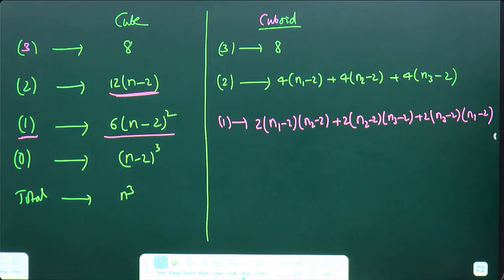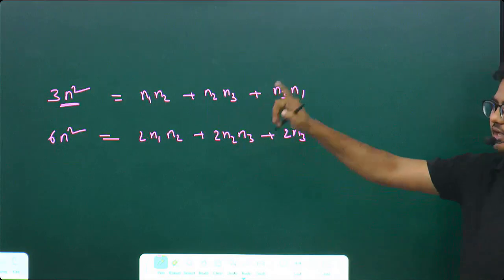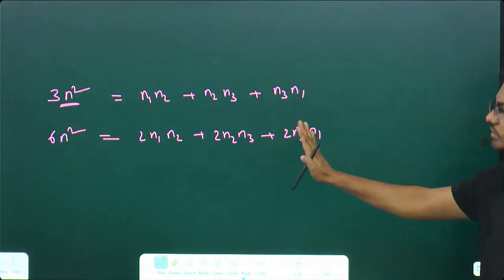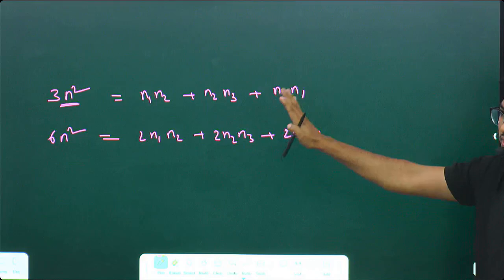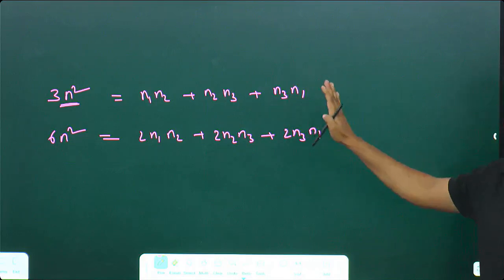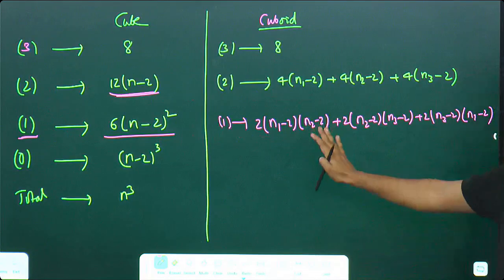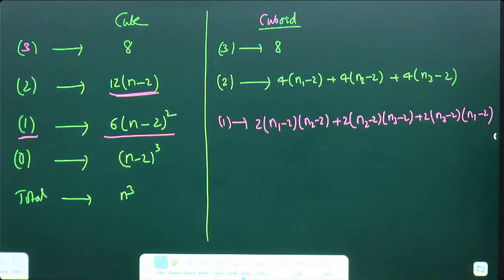Same here, in place of n1 n2 we have n1 minus 2, n2 minus 2, and so on. Simple. Any doubts here?